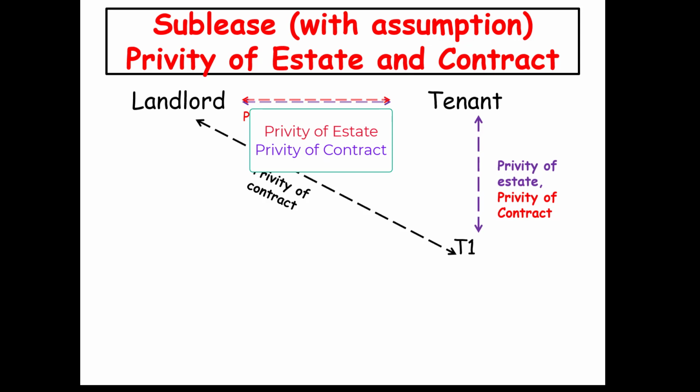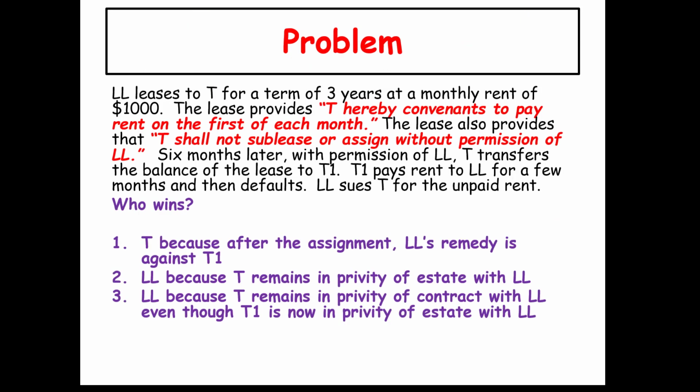Now, what happens if instead of a sublease, the tenant assigns their interest in the lease? So here's a problem, right? It's basically the same problem with one difference. The landlord again leases to the tenant for a term of 3 years at a monthly rent of $1,000.